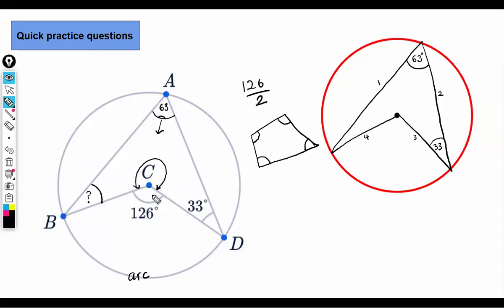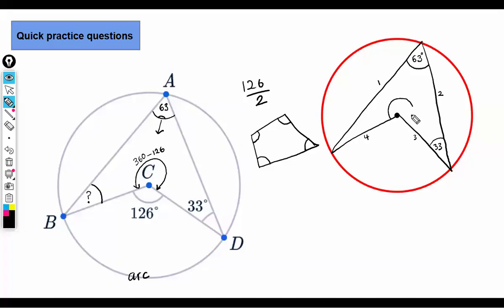Remember, I told you all, we saw this a few minutes ago. Isn't this a full circle? Like if we combine the inside and outside we'll get a full circle. A circle is how much degrees again? 360. So if you know the outside piece is 126, then the inside piece is 360 minus 126.